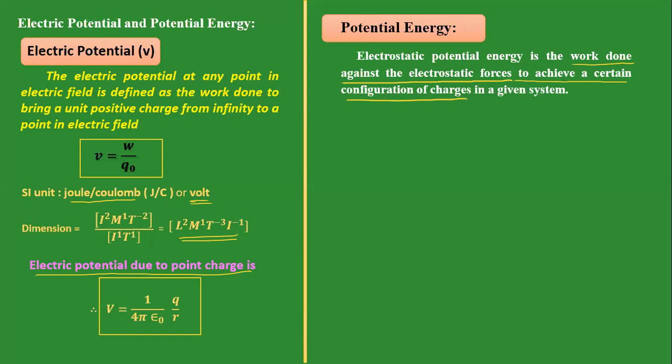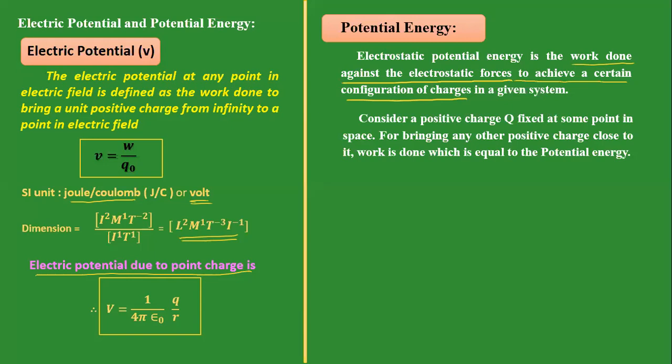So you know that work done and energy are equivalent. So electrostatic potential energy is work done against the electrostatic force to achieve a certain configuration of charges. So basically remember, work done is the potential energy.